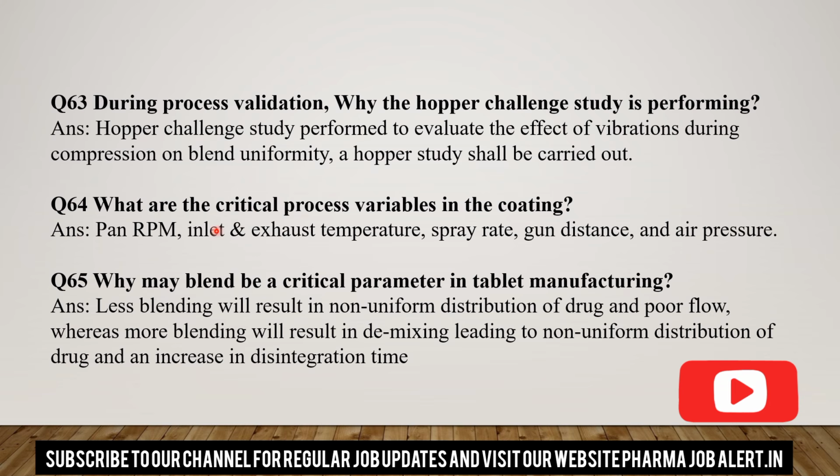What are the critical process variables in coating? The critical variables are pan revolutions per minute, inlet and exhaust temperature, spray rate, gun distance, and air pressure. Why is blending a critical parameter in tablet manufacturing? Less blending will result in non-uniform distribution of the drug, and more blending will result in demixing. So proper blending is required.